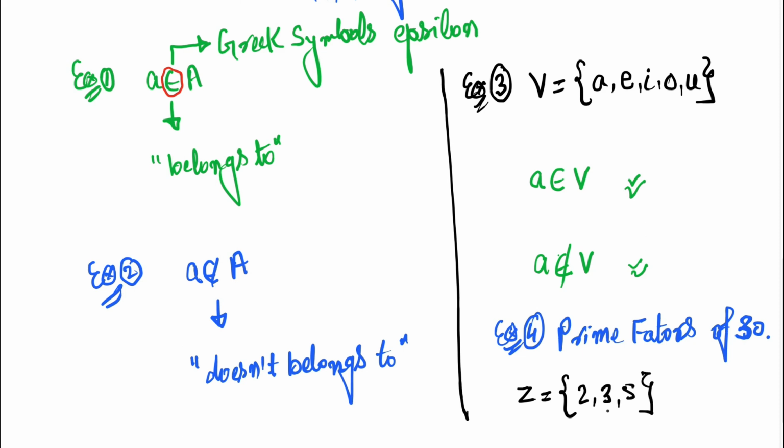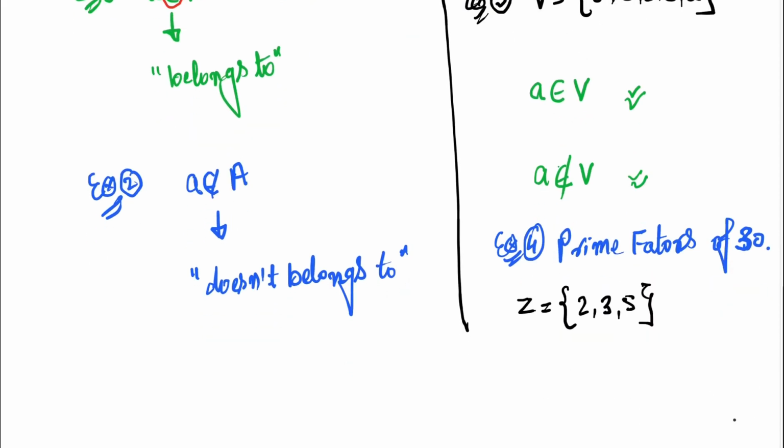So this is a set, and if I write 3 belongs to Z, yes, it is true. And if I write 15 belongs to Z, but here we don't have 15 as a prime factor, so we write 15 doesn't belong to Z.